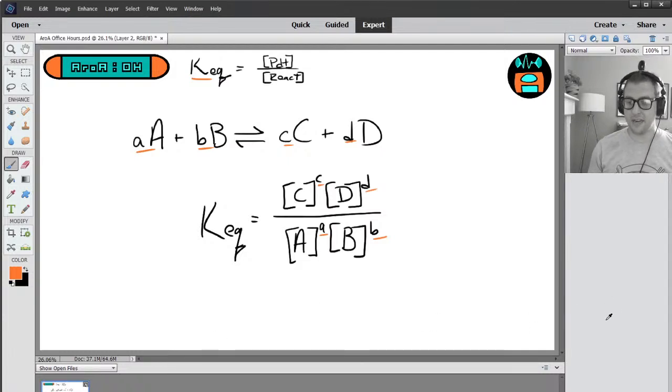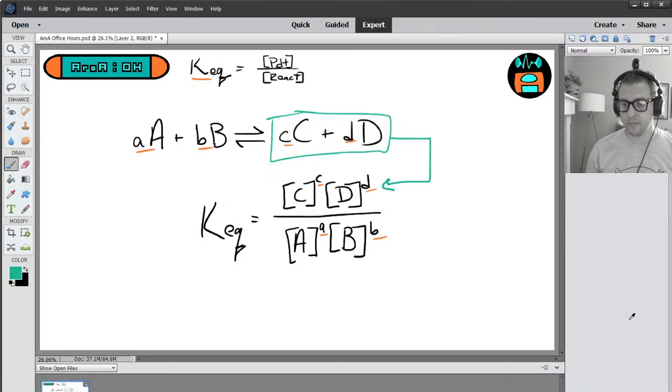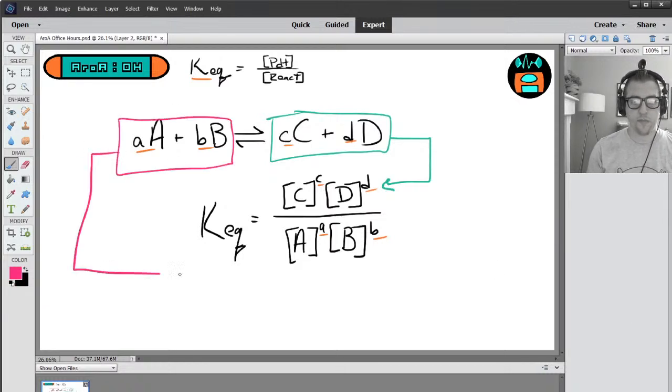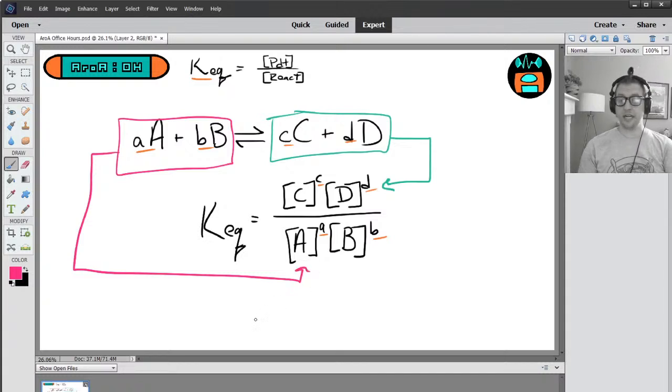And again, we have products in the numerator and reactants in the denominator of the expression. And that is the mathematical expression for the equilibrium constant.